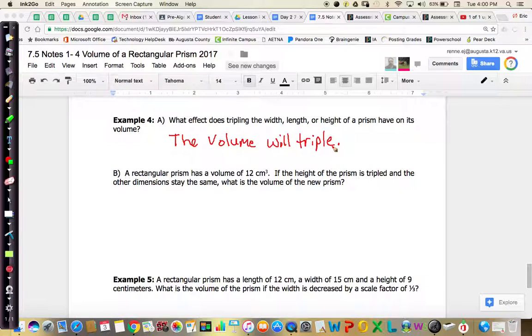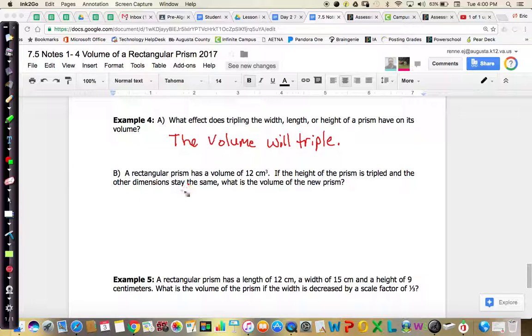Okay, part B says a rectangular prism has a volume of 12 centimeters cubed. If the height of the prism is tripled and the other dimensions stay the same, what is the volume of the new prism? Okay, I'm going to show you two ways to do this.